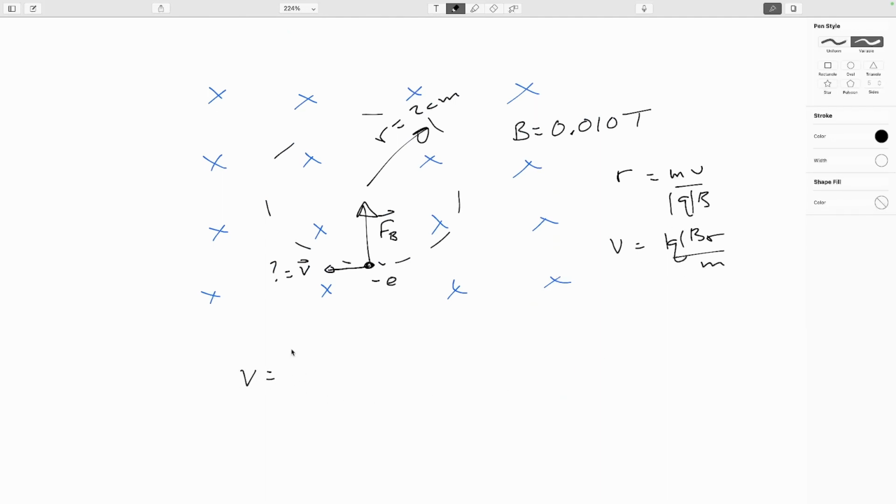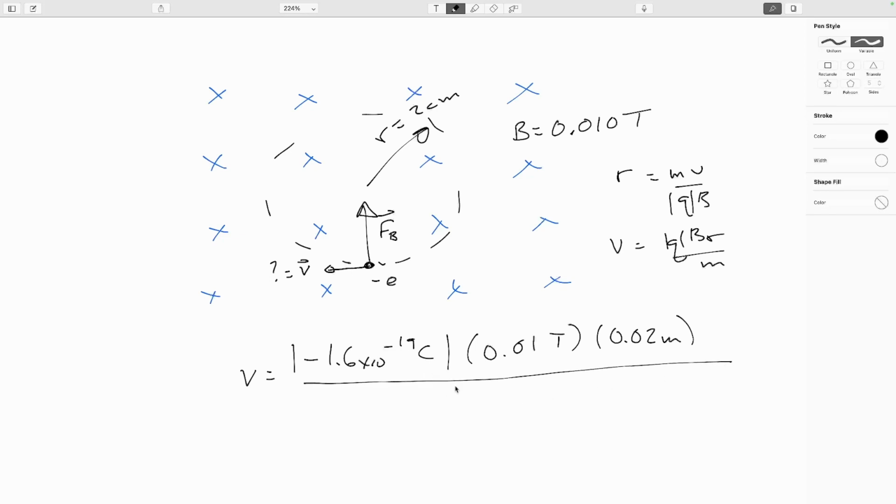So this will be the absolute value of negative 1.6 times 10 to the negative 19 coulombs. My magnetic field strength, we said, was 0.01 Teslas, and my radius is 0.02 meters, and my electron mass is 9.11 times 10 to the negative 31 kilograms.